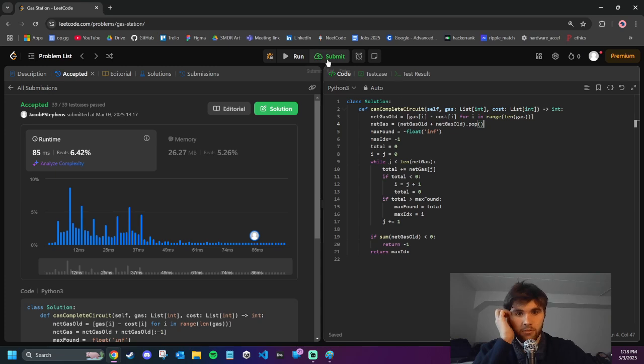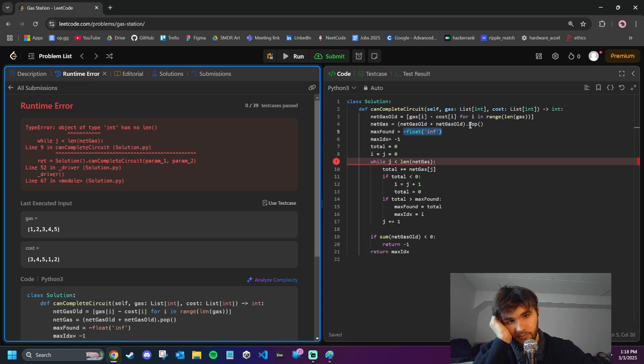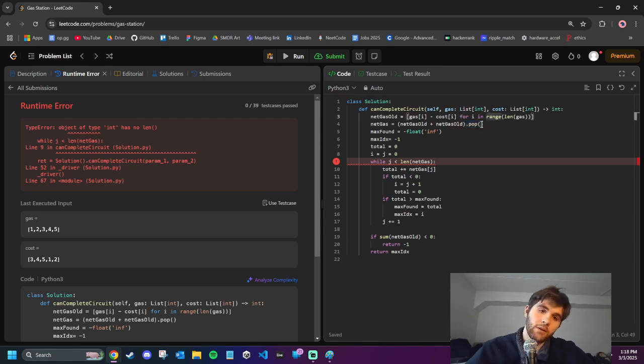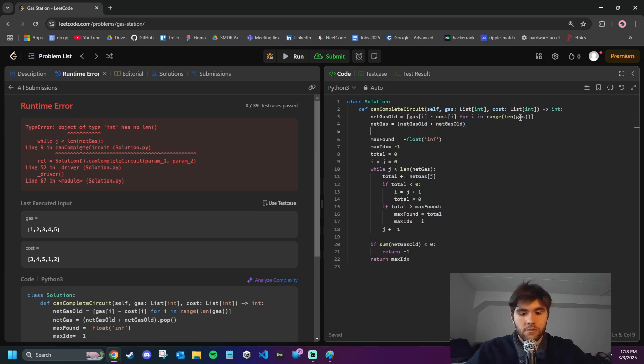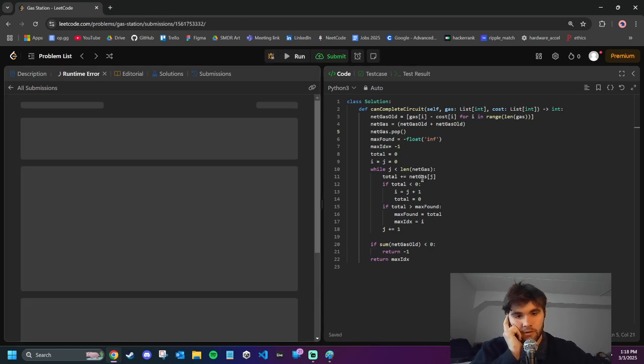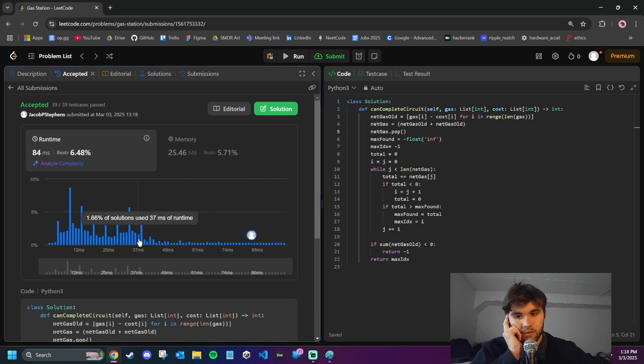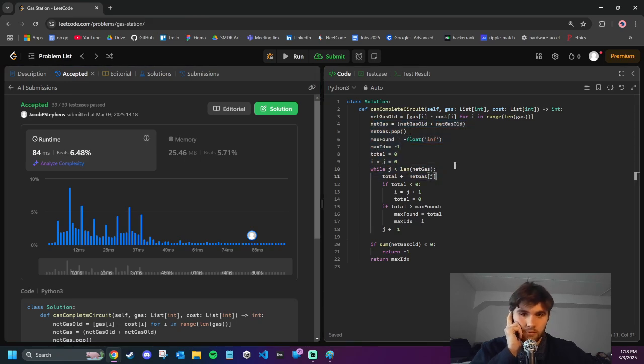I mean, I don't think that will make a big deal either. You could do it that way. No, you can't. You can't pop like that. This will be the return value. Yeah. So you'd say netgas.pop. This isn't gonna make a difference. Yeah, it's quite slow. It is linear though. It is for sure linear.